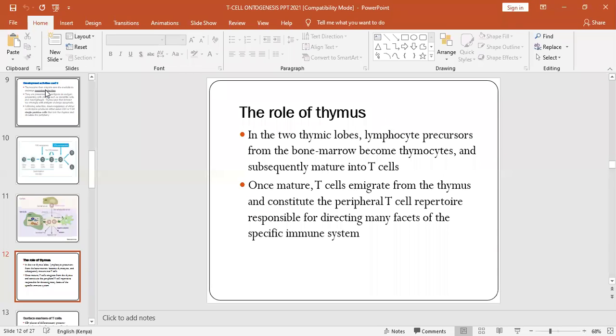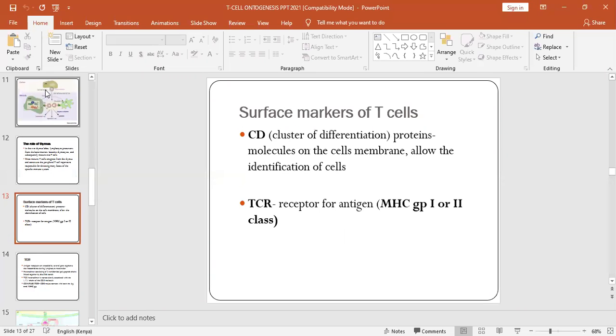Once the T cells emigrate from the thymus and constitute the peripheral T cell repertoire, they are responsible for directing many facets of the specific immune response. And this comes in as the roles of various T cell populations. We'll see the specific role of each of the T cells, because there are different subpopulations, as we talked about.